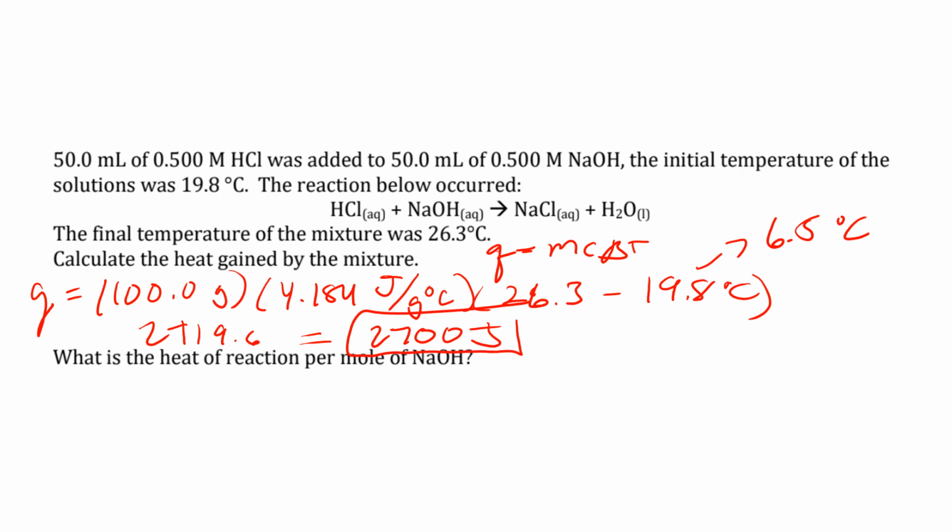What is the heat of reaction per mole of NaOH? Well, we can see from the question stem that the initial temperature increases to 26.3. That means the mixture, the water, if you will, the surroundings, increased in temperature, so the actual reaction that occurred released energy. So this was an exothermic reaction.